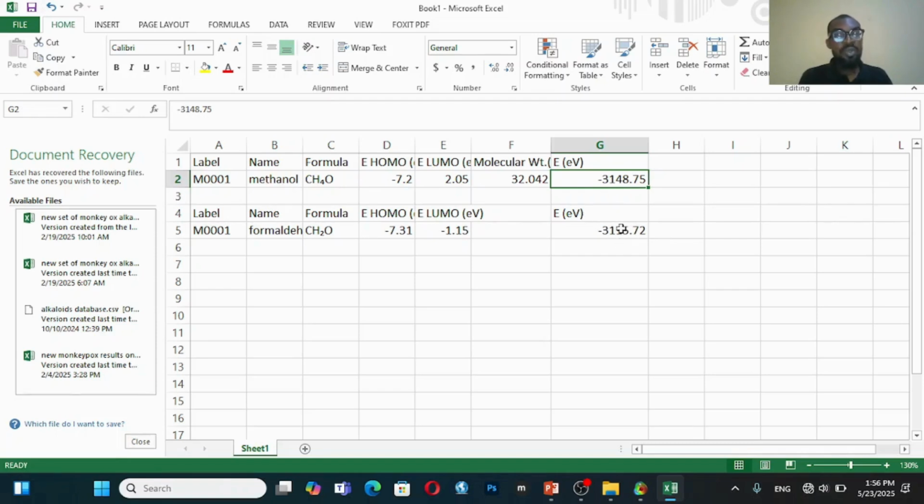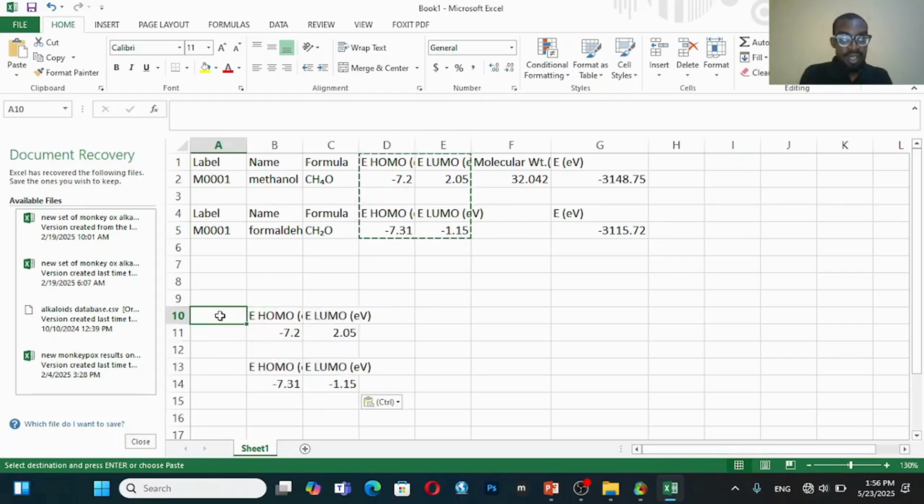But one simple way I'd often also ascertain this is to use the E-HOMO and the E-LUMO. So what I will do is extract this. Now remember, I'll copy this and let's take it here. So remember, this is for methanol. This is for formaldehyde.